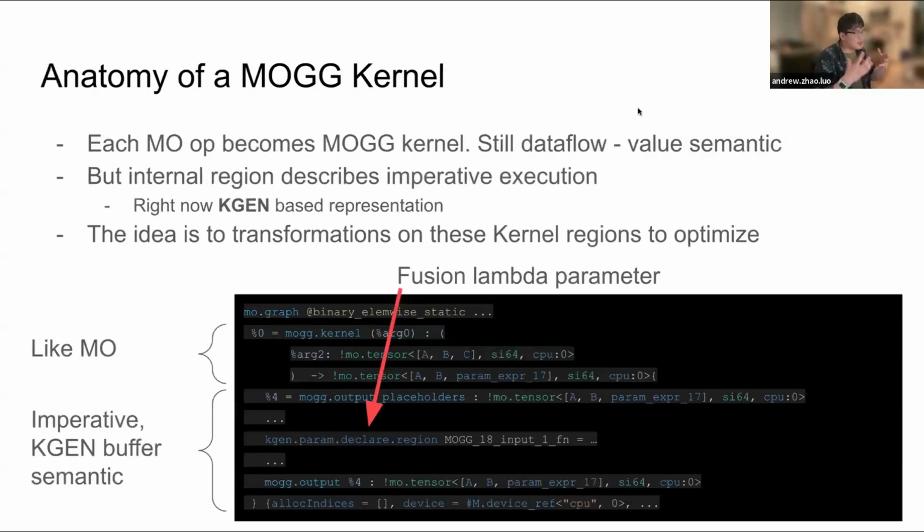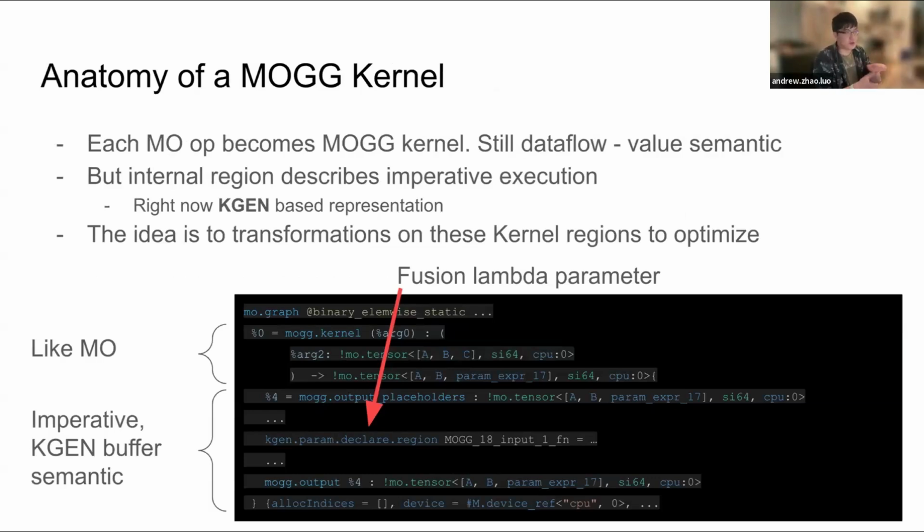Okay, and here are some characteristics of what MOG kernels, or the MOG dialect, look like. They're composed of these things called MOG.kernels. The interesting thing to note here is that at the high level, there's still data flow value semantics. So they're very similar to the Mo or RMO operators we described previously. The main difference is now the body region.